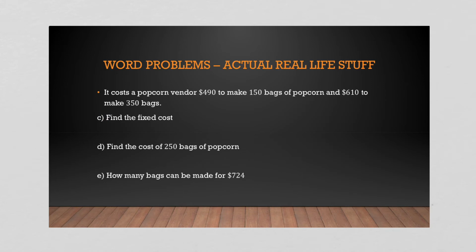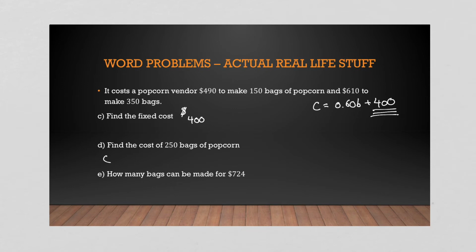So find the fixed cost. Well, the fixed cost, if this was our equation, what's my fixed cost? Well, that's exactly what I just talked about. That number there is not going to change regardless of what you do. It's your y-intercept, so the fixed cost is $400. And then find the cost for 250 bags. So this is where we have an equation.